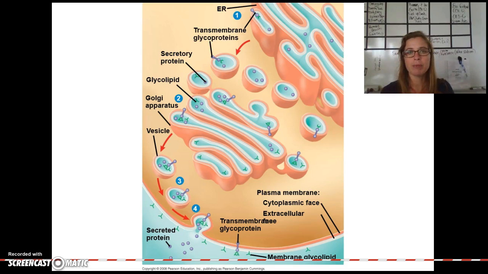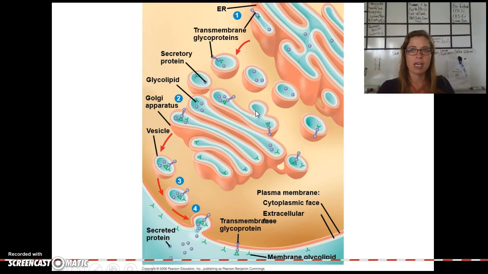In some circumstances, the protein is not embedded into the cell membrane until it reaches the Golgi apparatus. So we've got molecules coming from the smooth endoplasmic reticulum and the rough endoplasmic reticulum, and you can see here that this is a protein extending through the phospholipid bilayer, and it's going to go into the cis side of the Golgi apparatus.